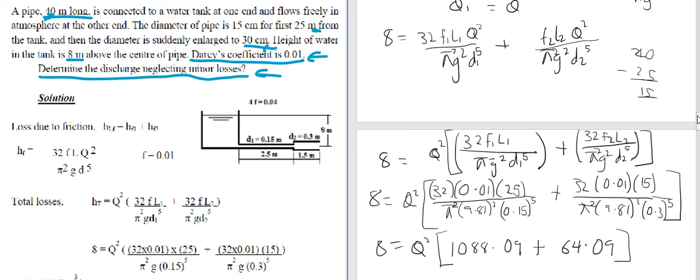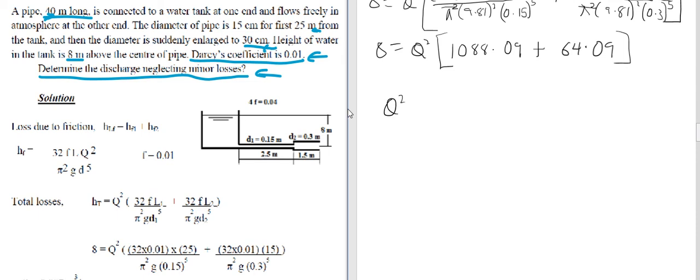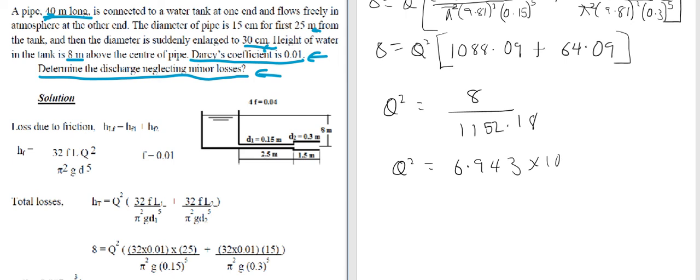So Q square will be equal to 8 divided by the summation of those two, which is 1152.18, and Q square will now be equal to 6.943 times 10 raised to power minus 3, and Q will be equal to the square root of that, which is 0.083.